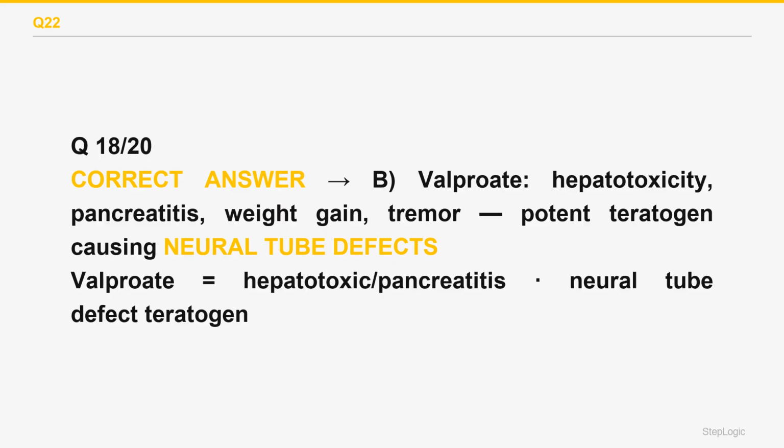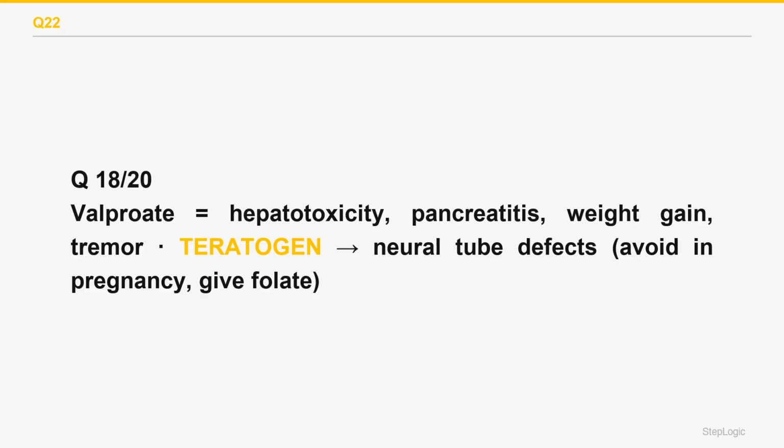Carbamazepine causes agranulocytosis. Valproate hepatotoxicity, pancreatitis, and neural tube defect teratogenicity are the answer.